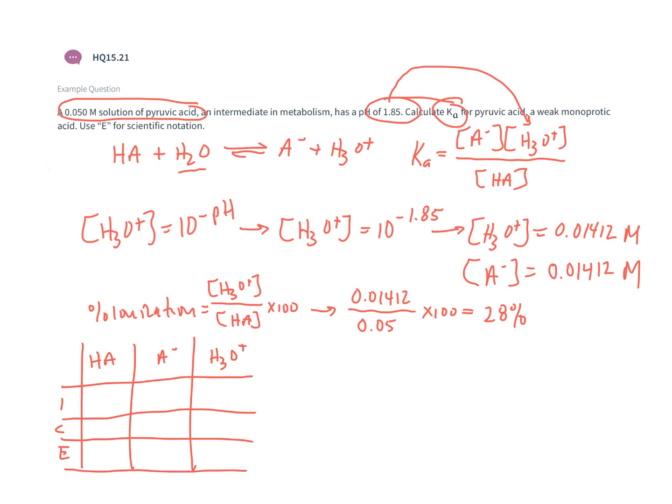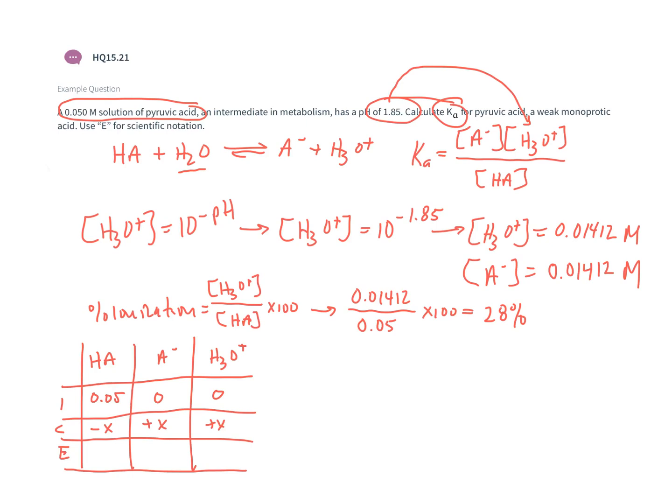So initially I would have 0.05 here, 0 and 0. During the course of the reaction, right, plus X and plus X. Normally we ignore the change from our initial concentration of our acid because it's small enough. In this case, we do have to take that into account.